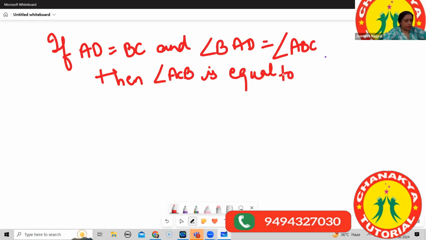Maybe in this figure it is not given. If AD equals BC and BAD is equal to ABC, then ACB is equal to.